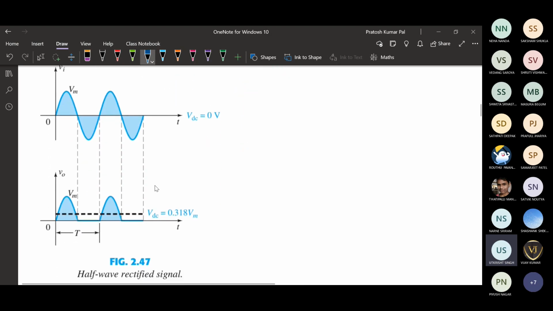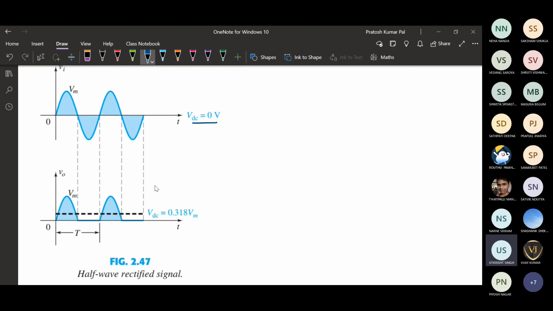We can summarize it like this: for a half wave rectifier, this will be the input signal, which has a DC value of 0. Once we pass it through a half wave rectifier, for the positive half cycle we get the same waveform, but for the negative half cycle it gives out 0. So it is positive and then 0.